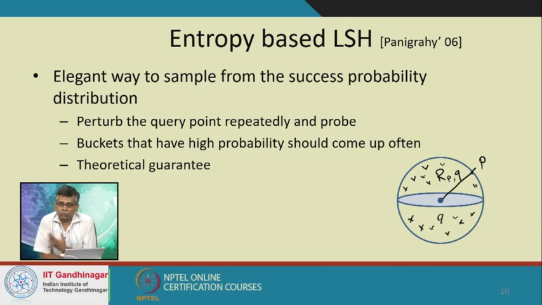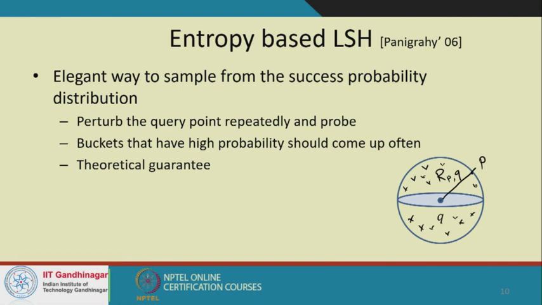So what it means is that the algorithm is as simple as follows. Take the query point Q, make a guess on the distance RPQ, sample multiple times from the surface of the ball of radius RPQ around the query point Q, and then look at the buckets that these points fall in.